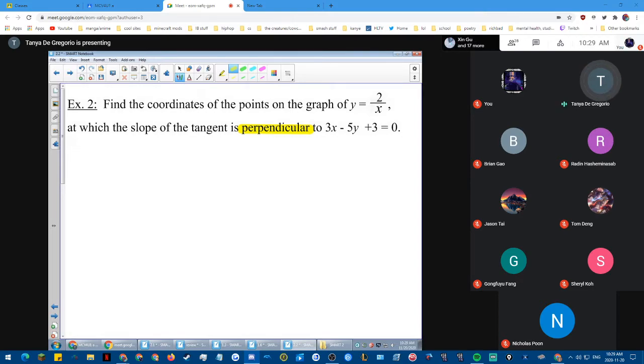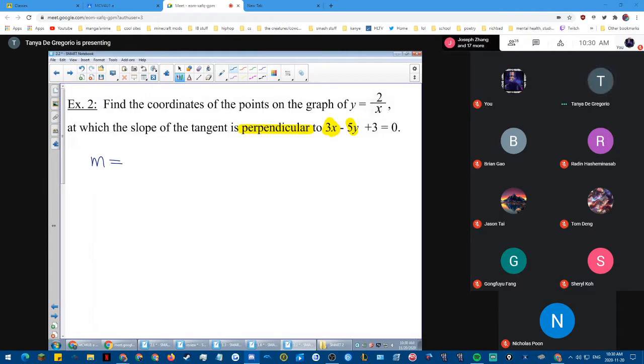So right away, we know that we need the slope of the tangent that is perpendicular to that line. So guys, remember back from grade 9. How can I just look at this and tell what the slope is? Which 2 terms do I need to look at? A and B. So let's recall, for the slope of standard form, who remembers?